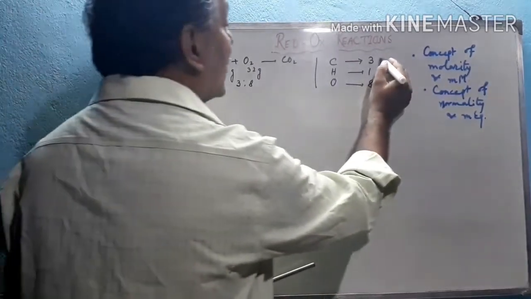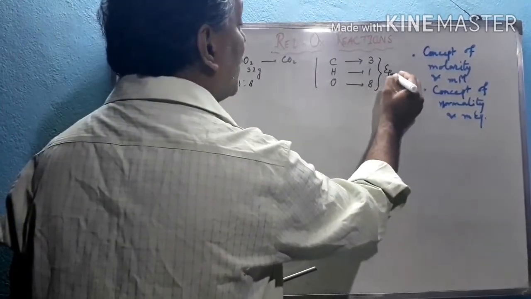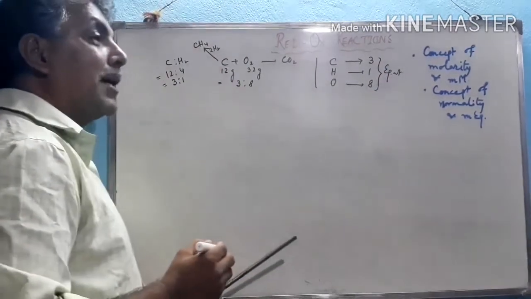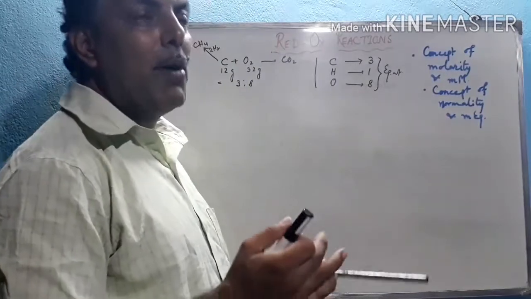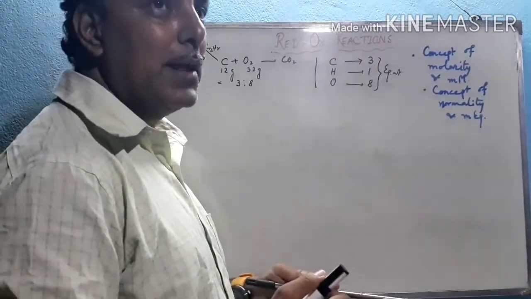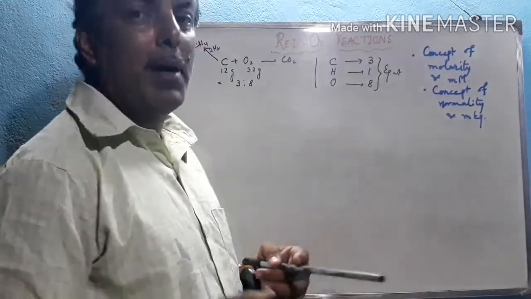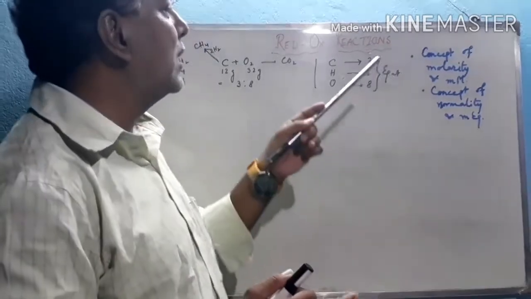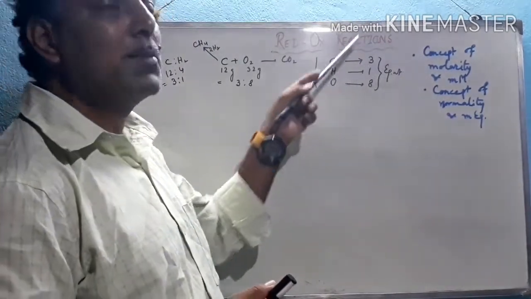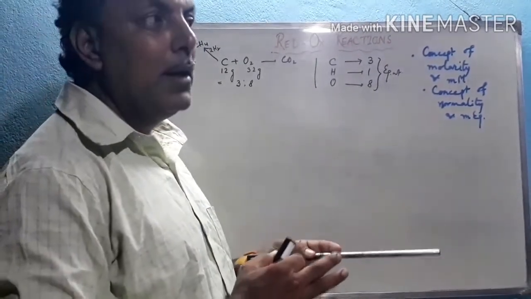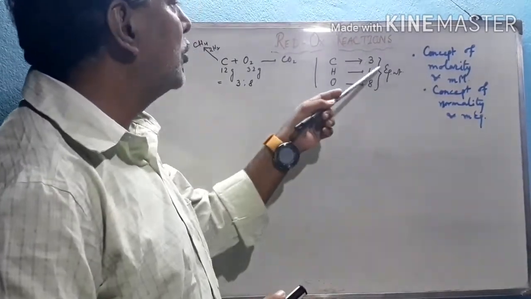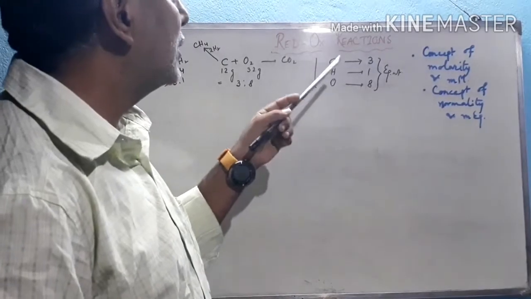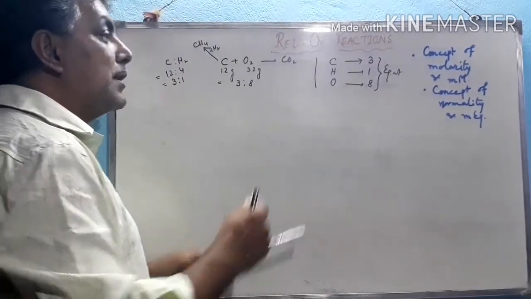So these are the equivalent weights of the corresponding elements, because equivalent weight denotes the chemical reactivity, the amount of the substance that comes into the reaction. Whenever it combines with any other element, it must combine with respect to this mass, or when it is displaced by any other element, this amount of mass of carbon, hydrogen or oxygen can be displaced. So this is the equivalent weight.